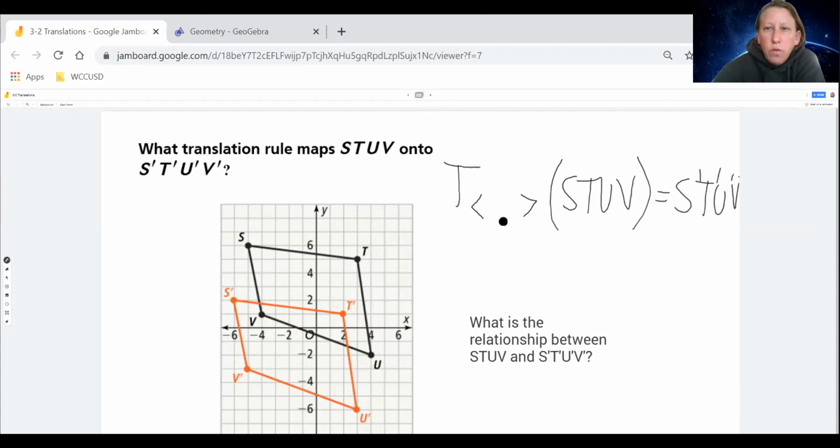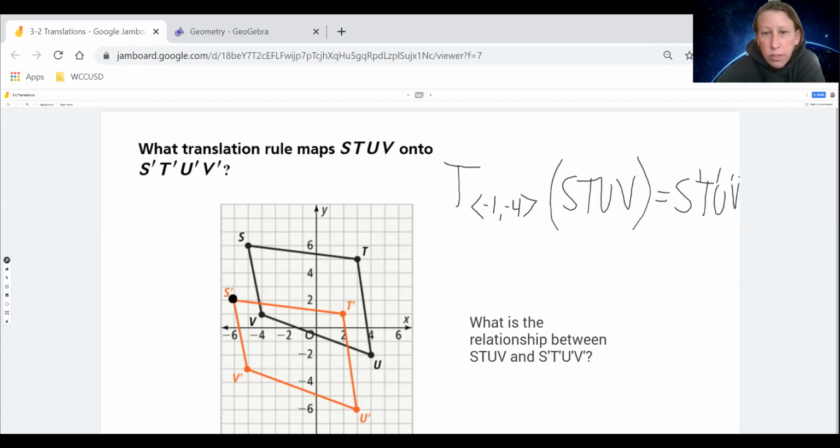What was the move that happened? Well, all I have to do is choose one of the vertices. So I'm going to choose point S. And I'm going to say, okay, it went 1 back, and it went 1, 2, 3, 4 down. So it went left 1 and 4 down.